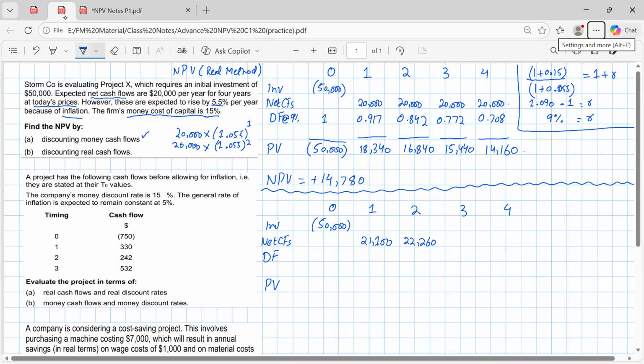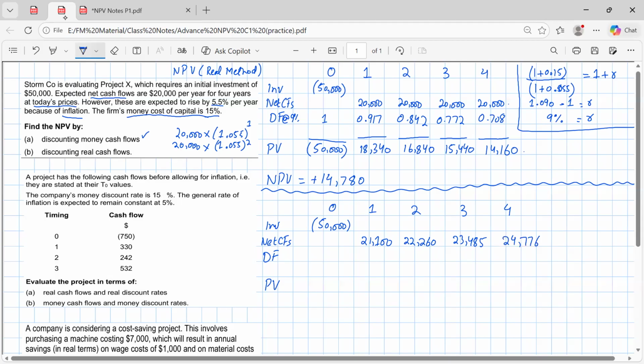Then 20,000 times 1.055 power 3 is 23,485. And then 20,000 times 1.055 power 4 is 24,776. So these are the money cash flows.